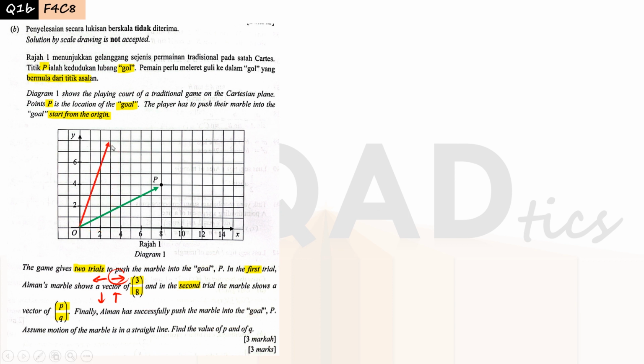Since Aiman has successfully pushed the marble to point P, you can imagine that the second vector looks something like this, from here to the goal.